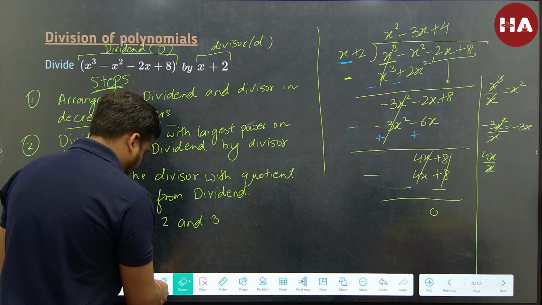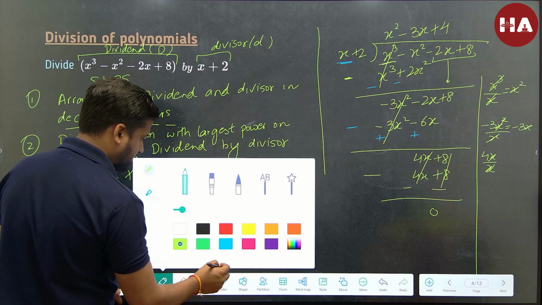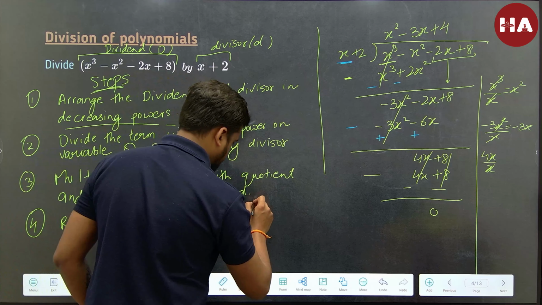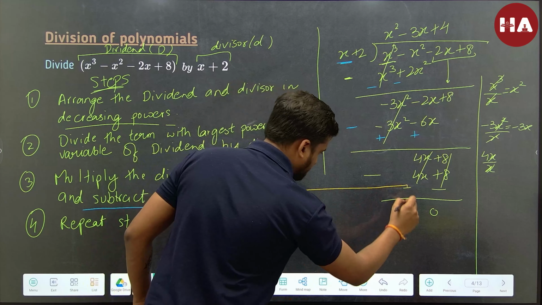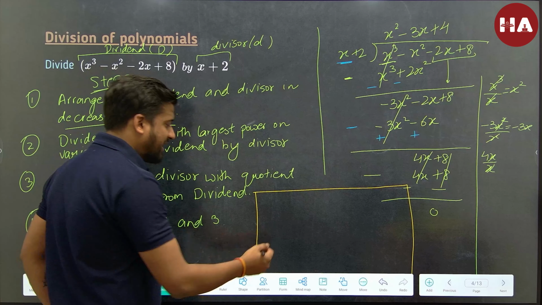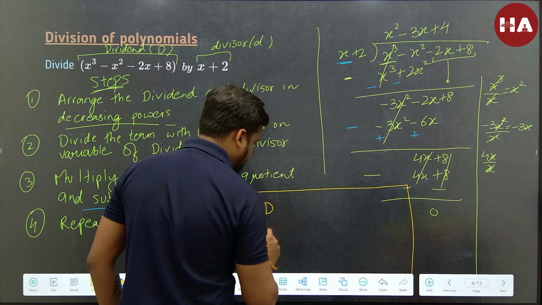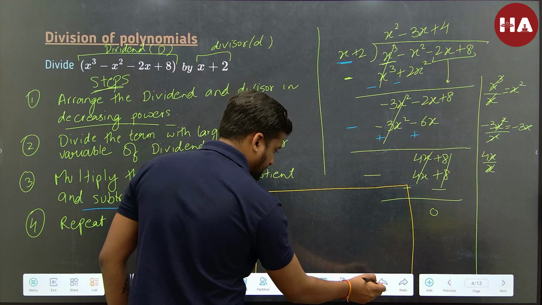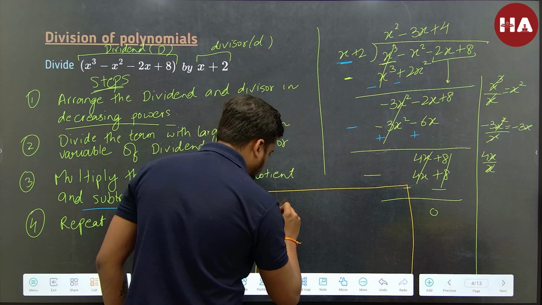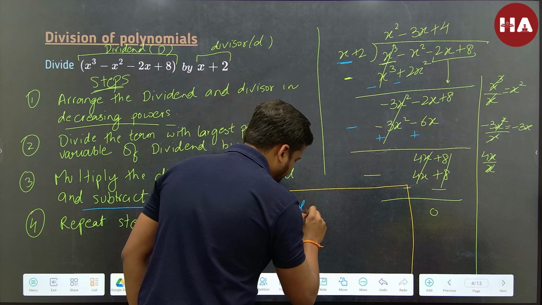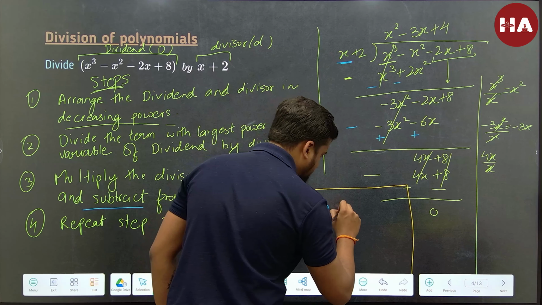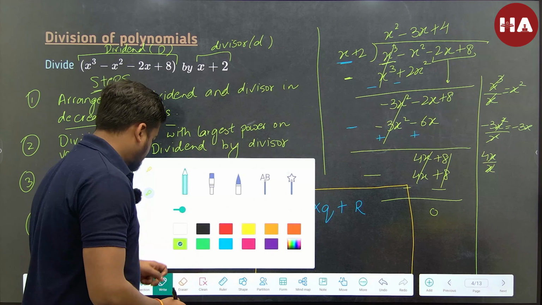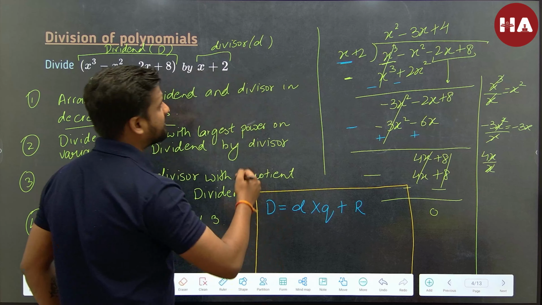All right, I am writing it down here inside the boxes. Dividend equals divisor into quotient plus remainder, right? So what was the dividend?